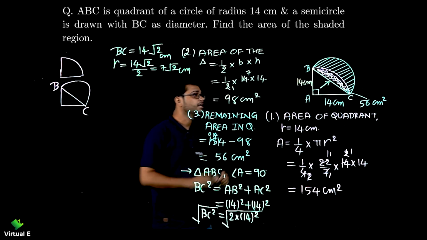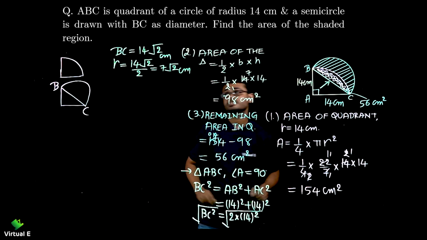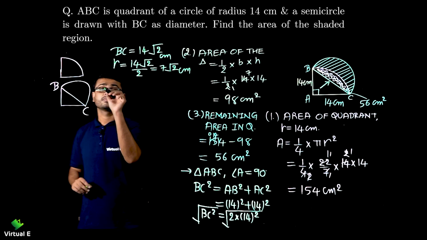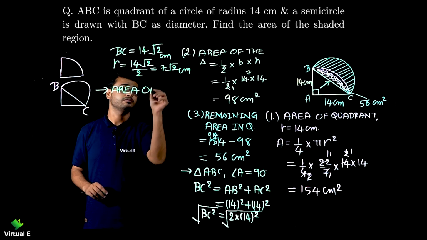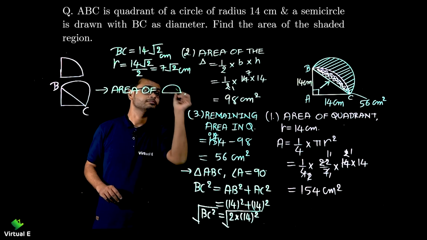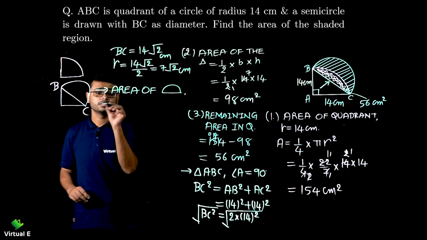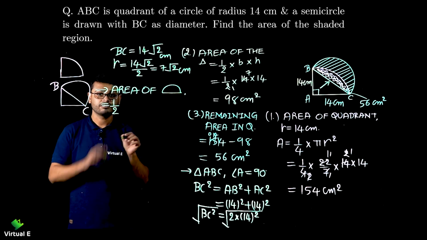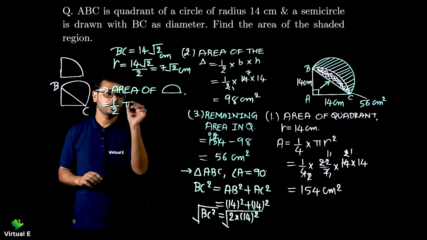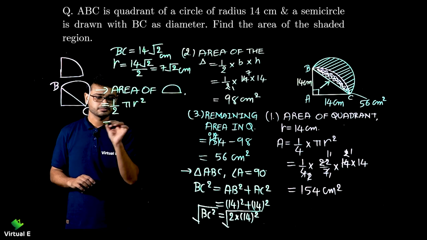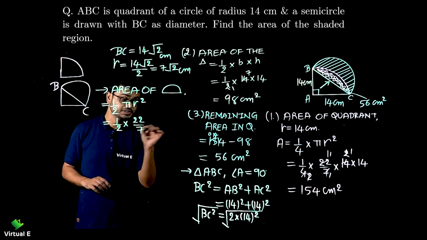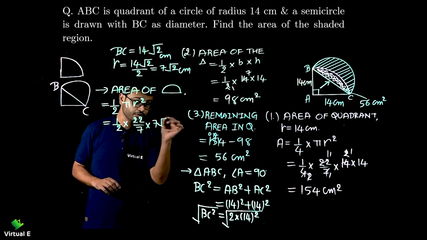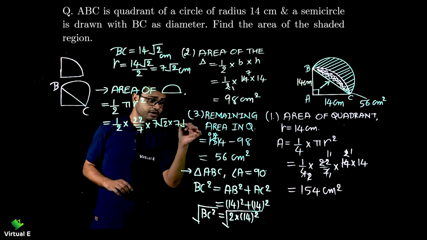Now let's find the area of the semicircle. So area of semicircle, right? What's the formula? That is 1 by 2, half, right? Half of the circle, pi r square. So 1 by 2 multiplied by 22 by 7 into 7 root 2 into 7 root 2.